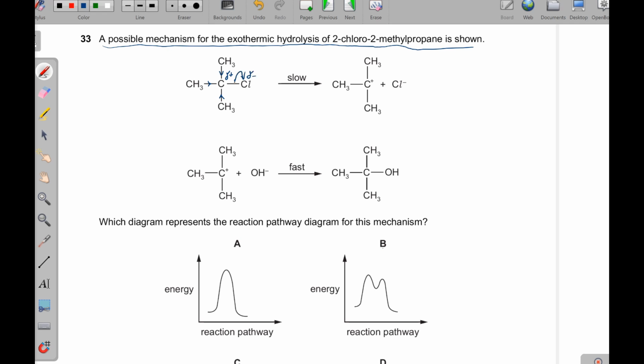So this one goes off, and it gives you this carbocation. This is the slowest step, the rate determining step. They are asking which diagram represents the reaction pathway diagram for this mechanism. This next step is very fast because after the carbon has attained the positive charge, it immediately reacts with the OH.